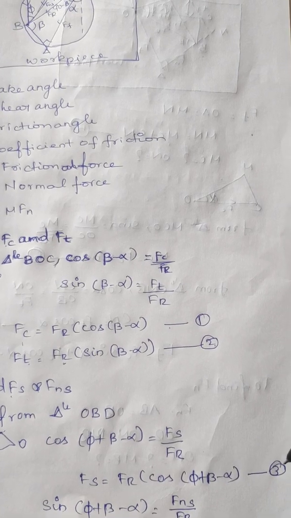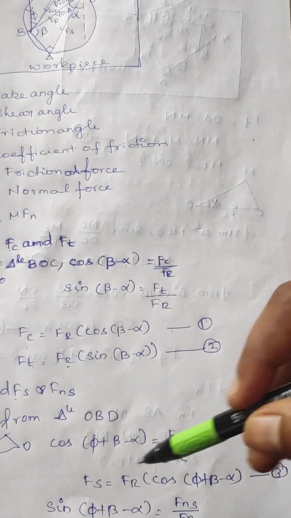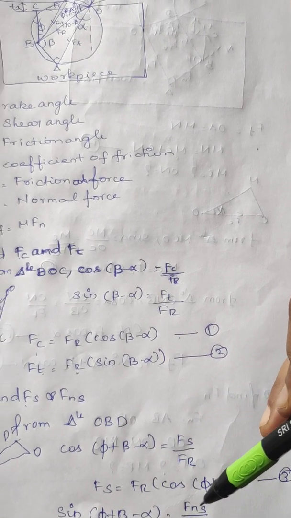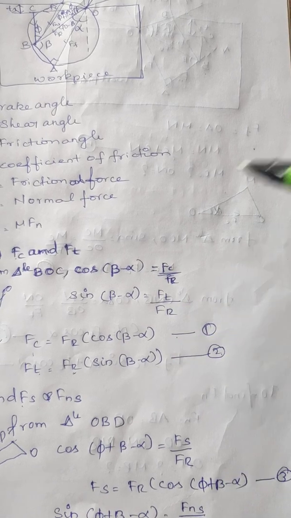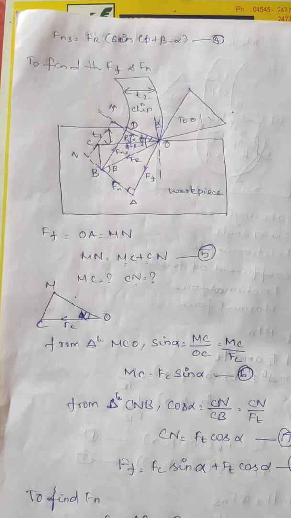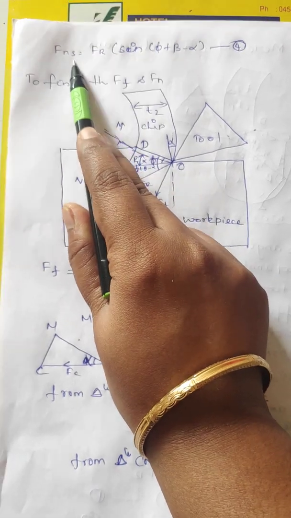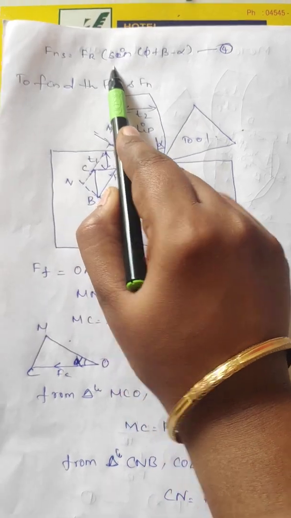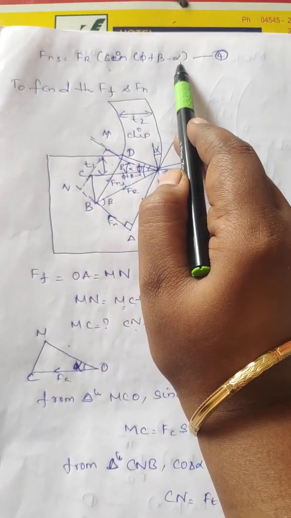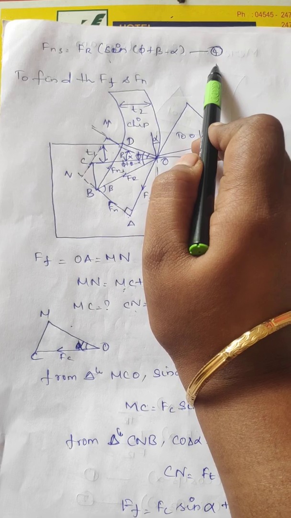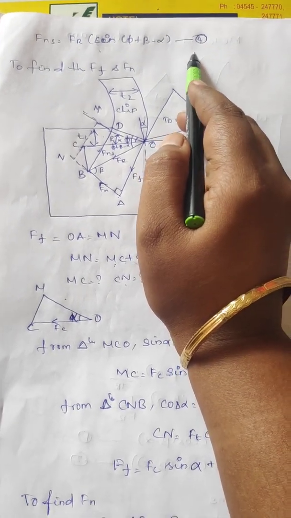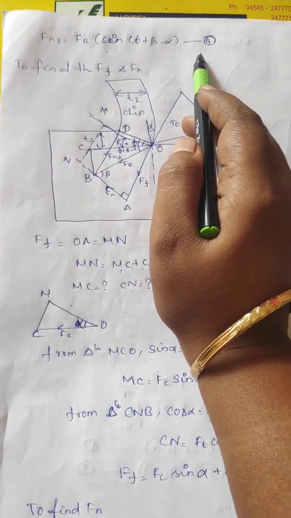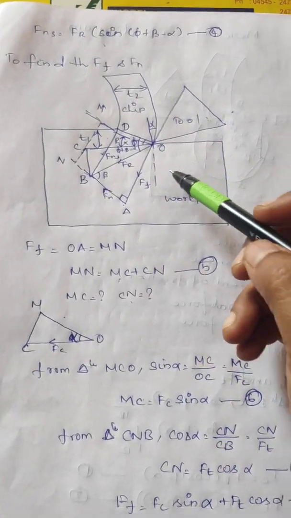We take that as the third equation. Similarly, sin(phi plus beta minus alpha) is equal to the force normal to shear force by resultant force. Rearranging, the force normal to shear force is equal to resultant force into sin(phi plus beta minus alpha), which is the fourth equation. So now we have calculated the horizontal force, thrust force, shear force and force normal to shear force.